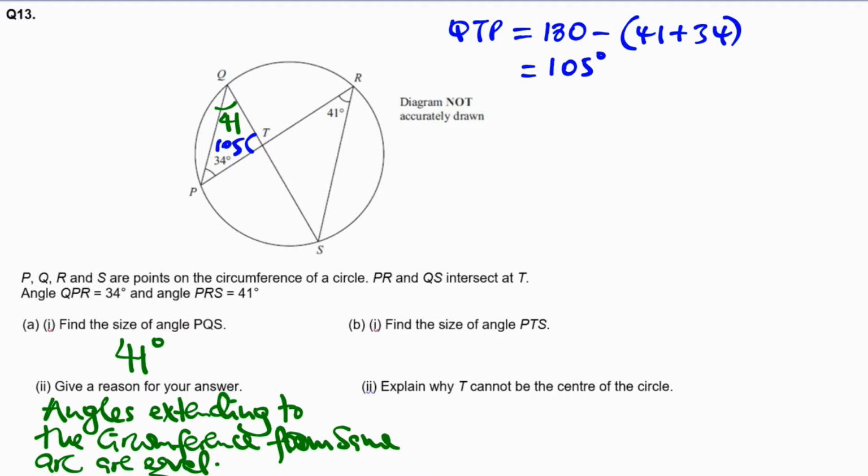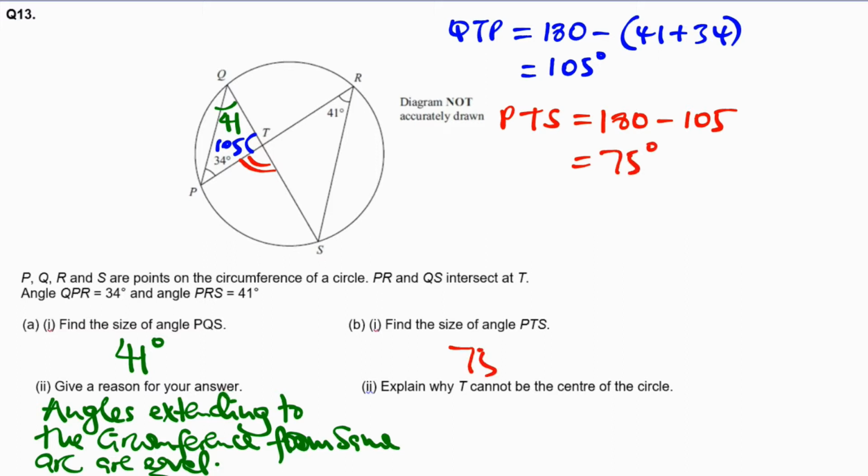If that's 105, we can easily find angle PTS. PTS is this angle here, and it will be equal to, just because these are angles on a straight line, 180 minus 105, which is 75 degrees.